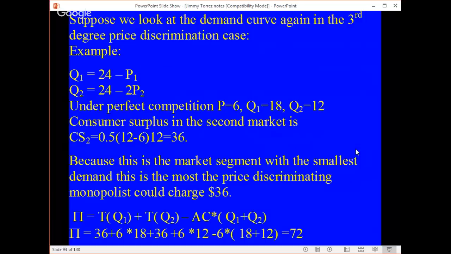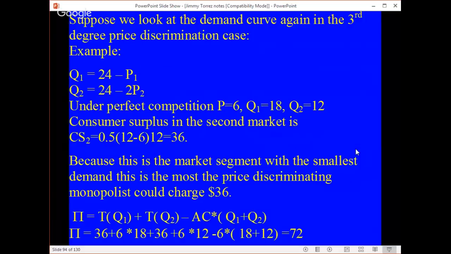That would give me the same profit, if I could do that for each consumer, as first degree price discrimination. Of course, I can't do that because not everybody has the same demand for my product, and people have different consumer surpluses. So it would be a lot harder to do for the market.